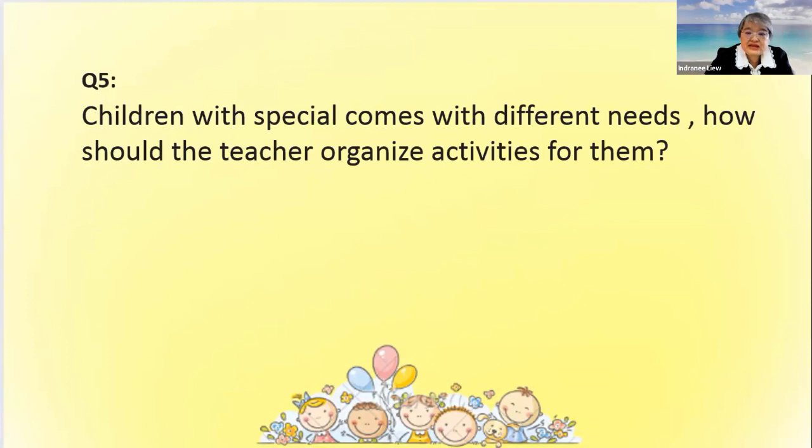Children with special needs come with different needs. How should the teacher organize activities for them? Okay. One thing that can make life easier is that everybody is doing the same topic. So if they are all doing colors, what can happen is this.